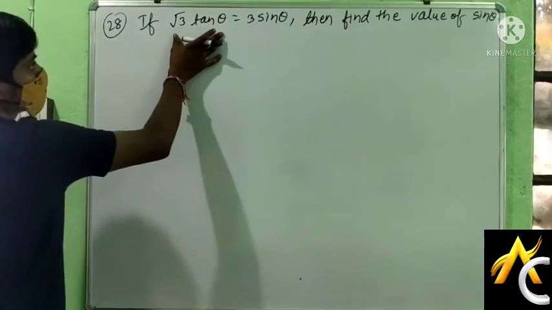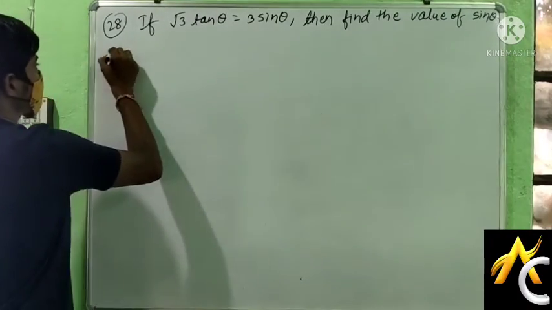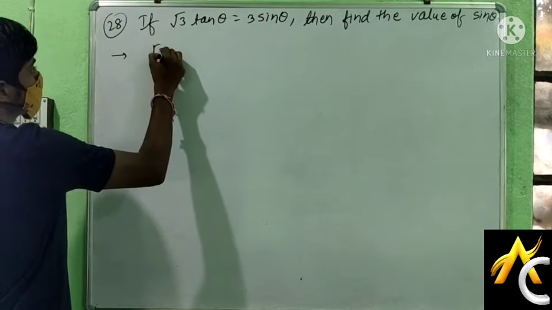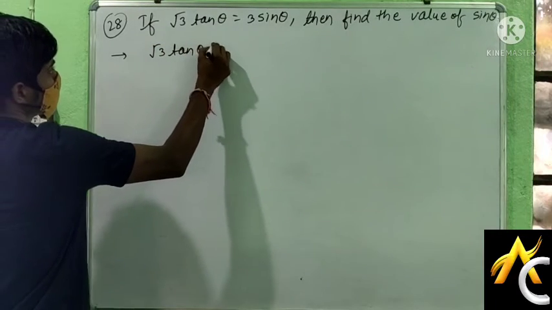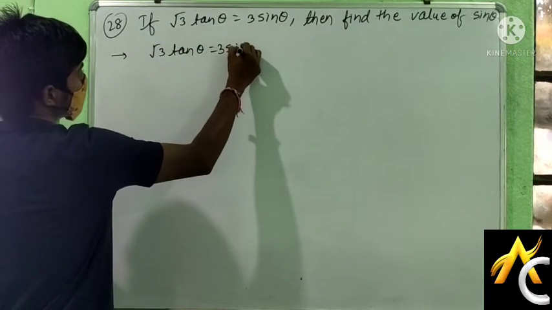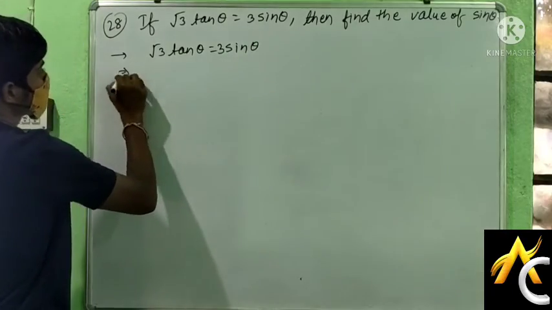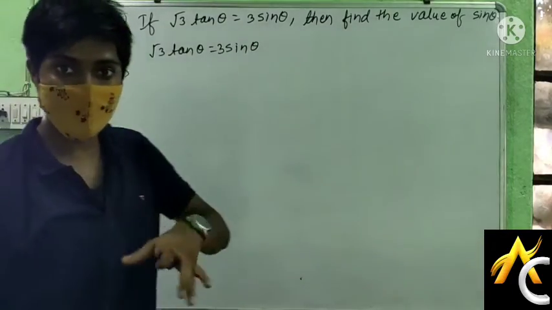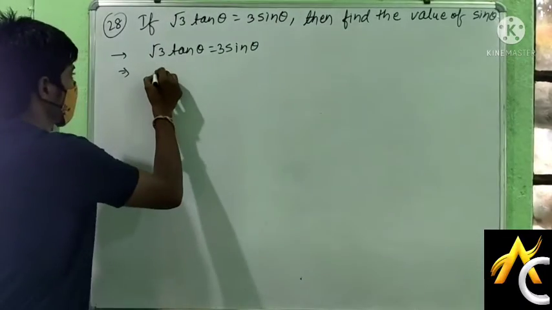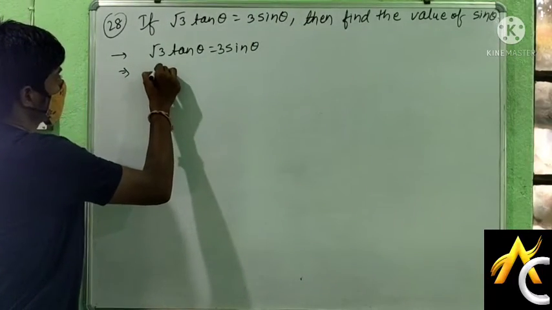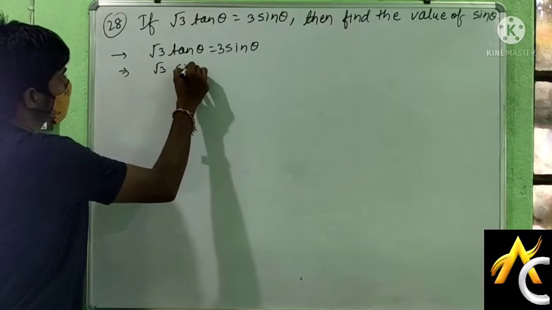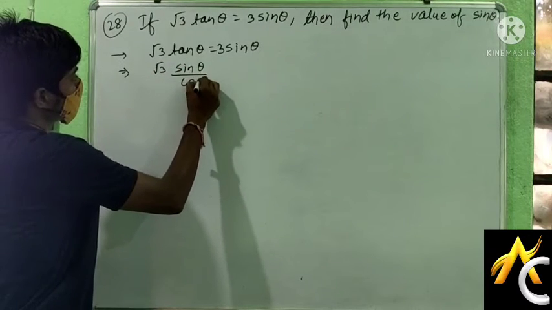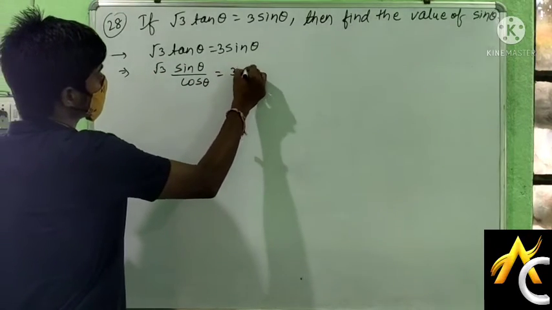Now since it is given that root 3 tan theta is equal to 3 sin theta, and as we know that tan theta is equal to sin theta by cos theta, right? So we can write it as root 3 sin theta by cos theta is equal to 3 sin theta.